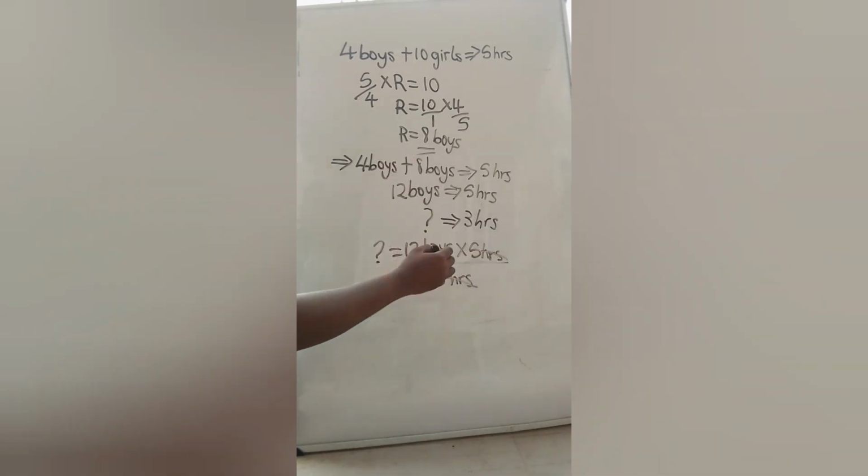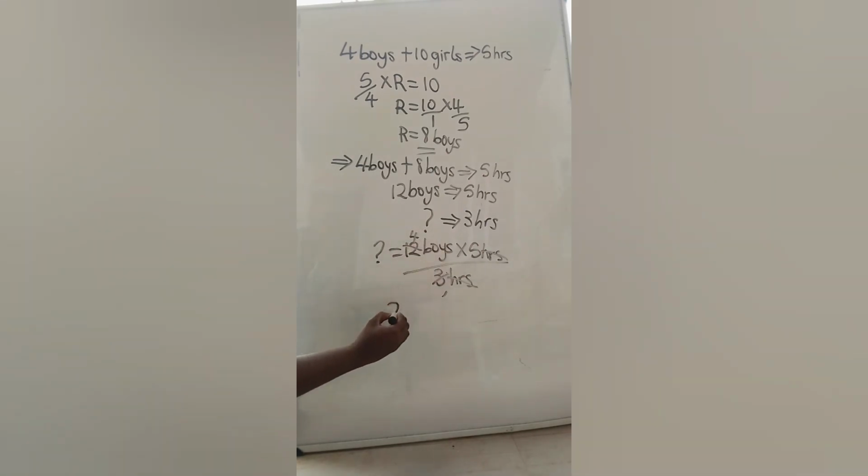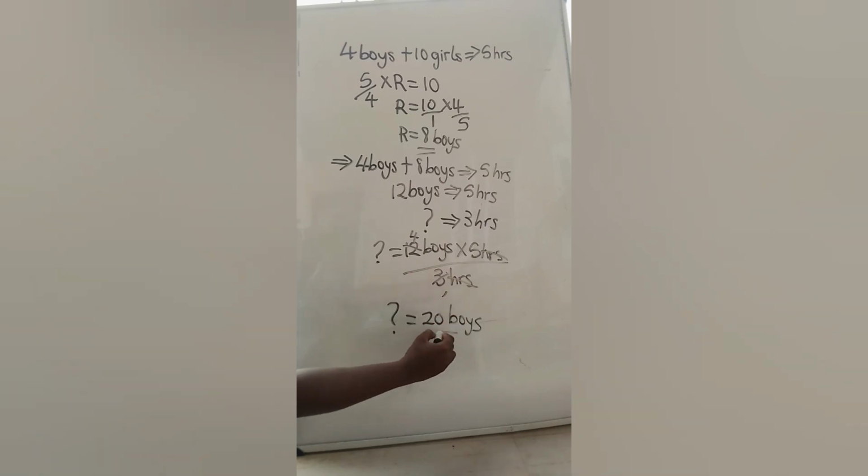Hours cancel as hours. 3 here 1, 3 here 4. So then now the 5 times 4, 20. This means that 20 boys will be able to do this job in 3 hours.